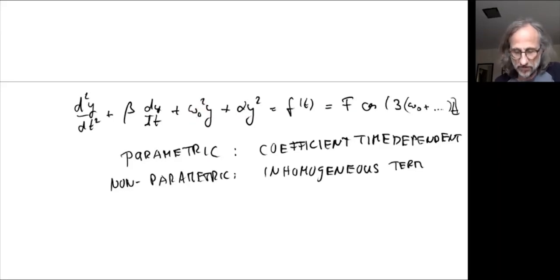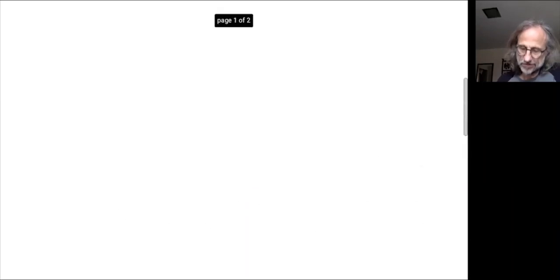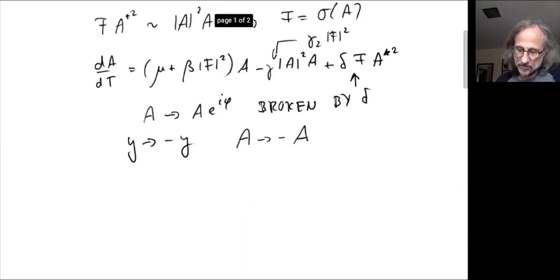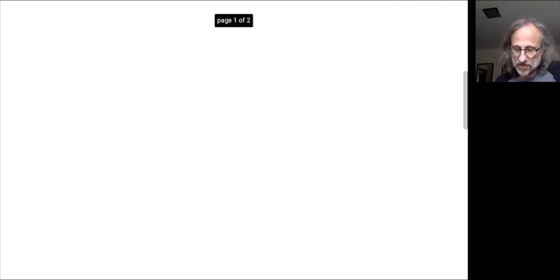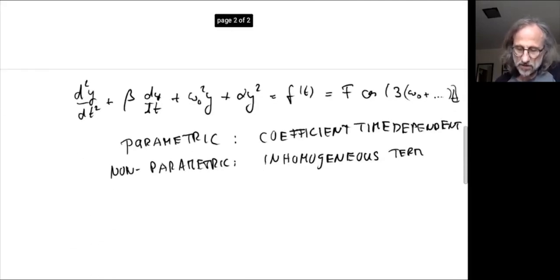So it would amount to having a time-dependent frequency here. But this forcing is non-parametric. However, the equation we're expecting to get has parametric forcing because F multiplies A star squared, and A. I want to point that out because it's one of these examples where you can't really, just by looking at the original equation, say without further investigation what the form of the final equation will be.